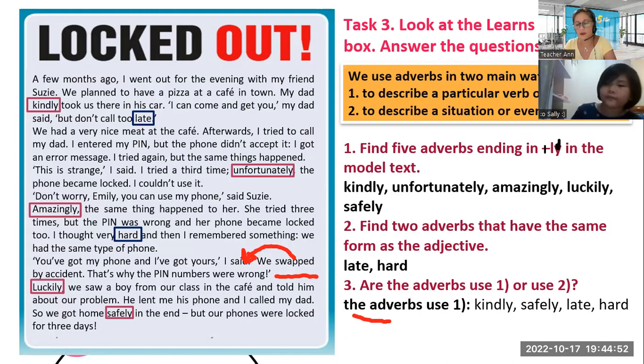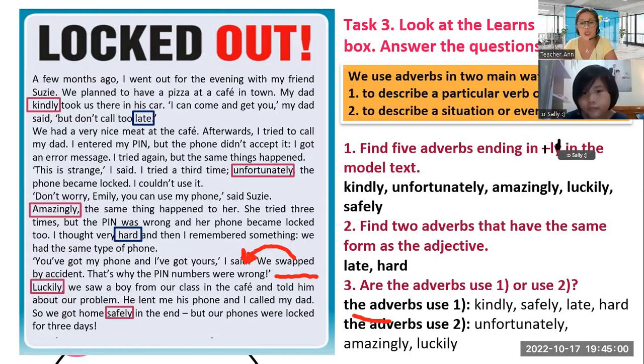Okay. So, adverb type number 2 is unfortunately, amazingly, and luckily. So these are the adverbs that are number 2.